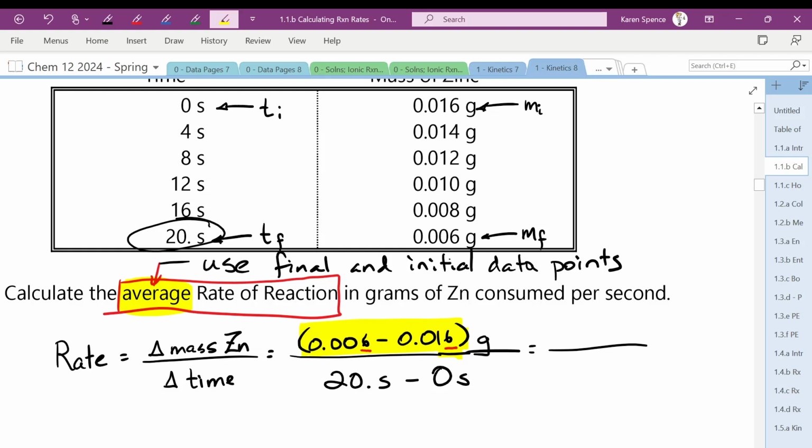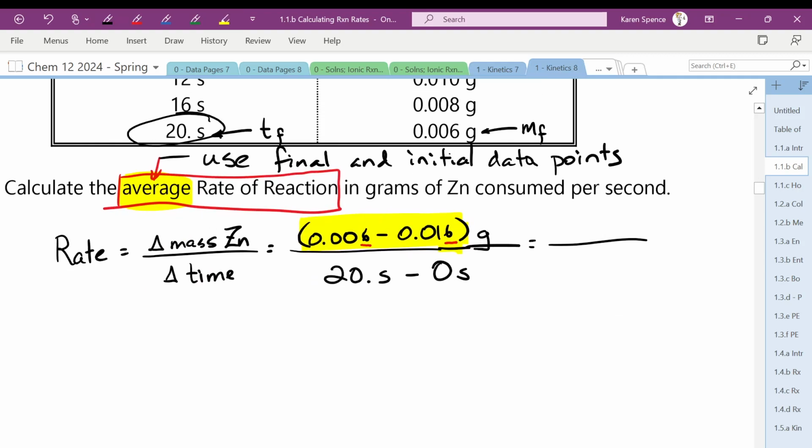When we're multiplying and dividing, we use the smallest number of sig figs. What's the rule for adding and subtracting? Yes, you use the smallest number of decimal places. So when we're adding or subtracting, the number of sig figs in the answer depends on the smallest number of decimal places.